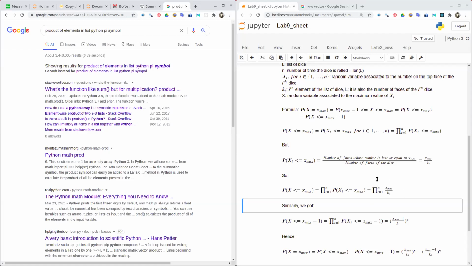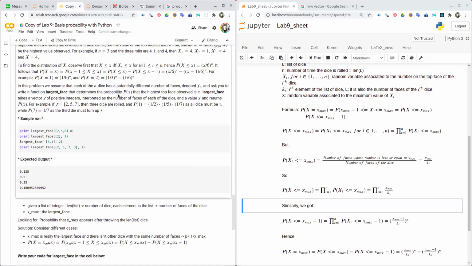So this is why I put back the product. If this one was a constant value, this constant value would be raised to power n, as in the case of the example.